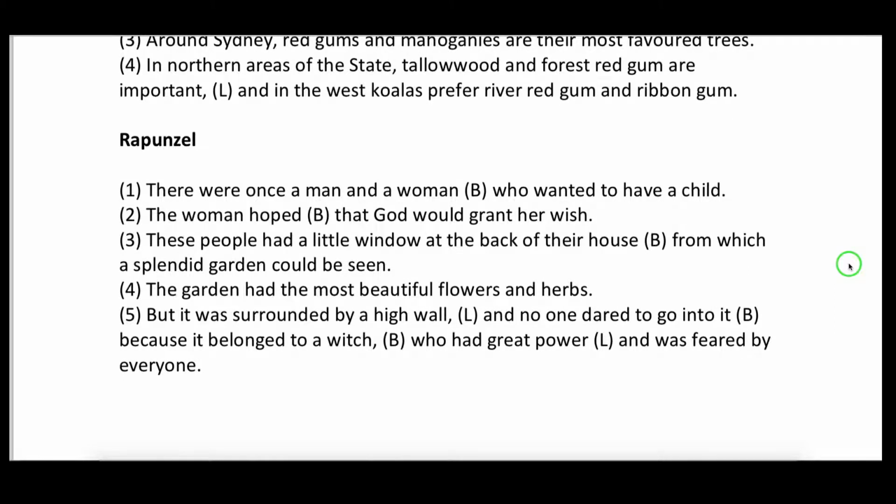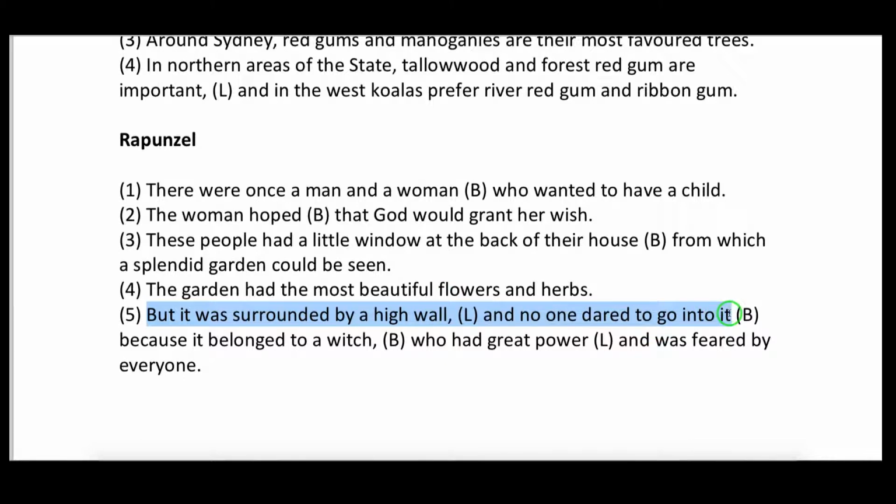In the sentences from the Rapunzel text, number 1 is binding. I've already mentioned that before. Number 2 is also binding. So is 3. 4 is a simple sentence. And in 5, we have a lot going on. First, there are 2 independent clauses connected with and.